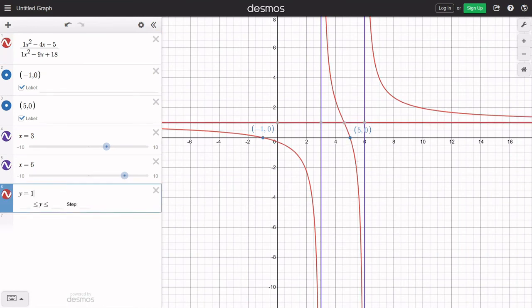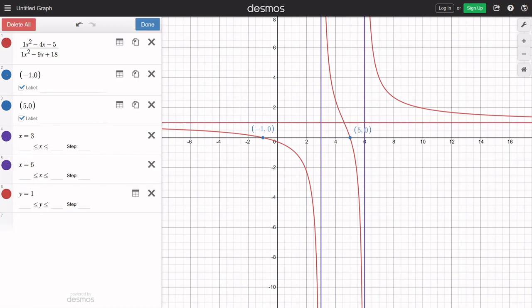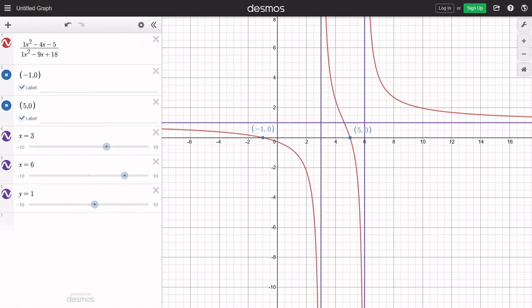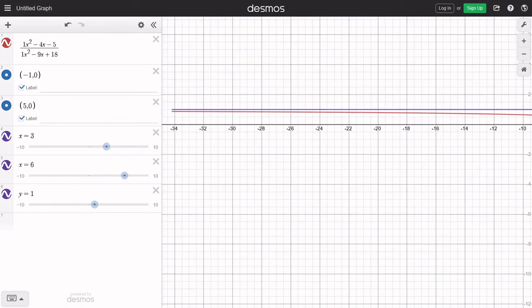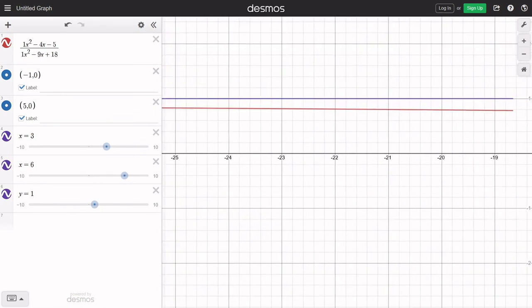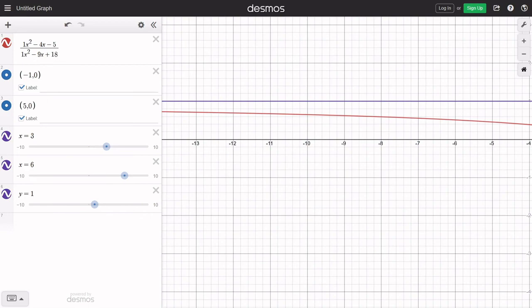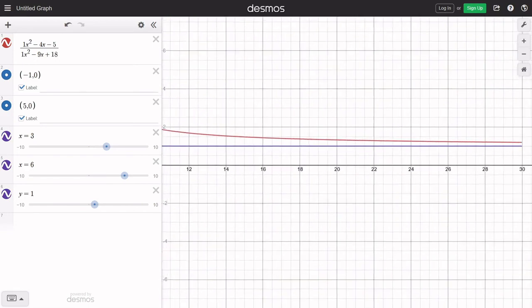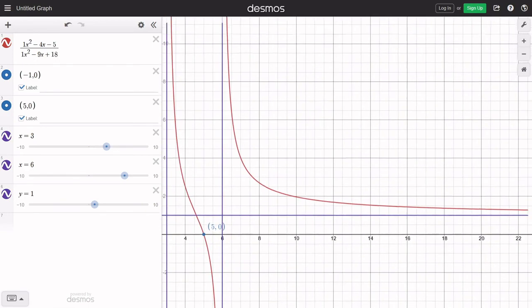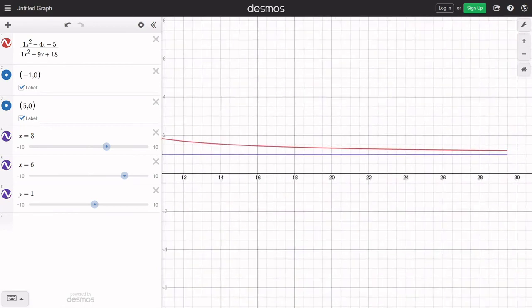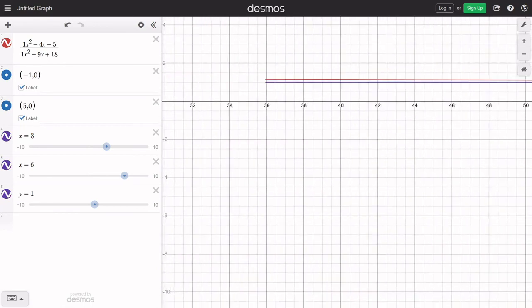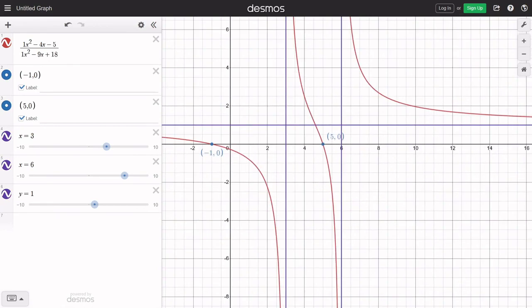Let me do a different color, purple again. So you can see the function gets closer and closer to that horizontal asymptote on the left and on the right. And so we know that this side here will never cross 0 again, so there's not going to be any other border point there.